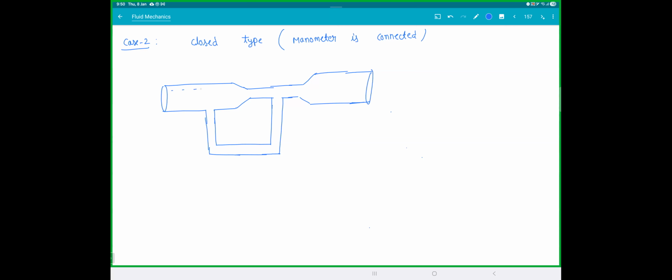Here the liquid is flowing, the gas or something. And here you have mercury. So you have two, basically that's a gas and this is a different liquid. Generally they use mercury here. And this is your raw liquid.